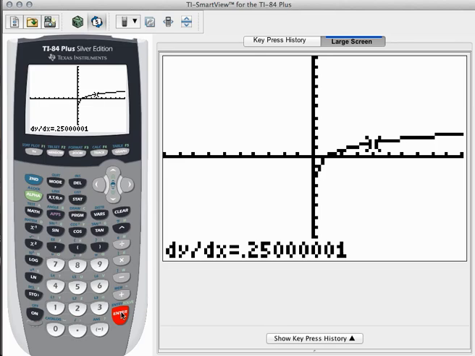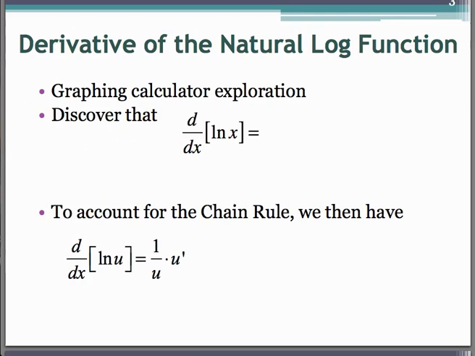So hopefully you are noticing that the relationship is that the numerical value of the derivative at any chosen value of x is always the reciprocal of that x value. So if that's what you were thinking, good job, you were correct. So that really becomes our rule. The rule for the derivative of natural log of x is simply going to be 1 over x.